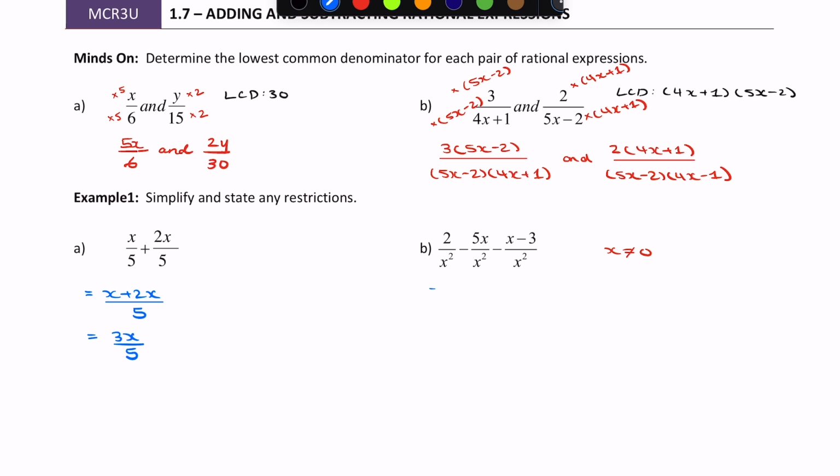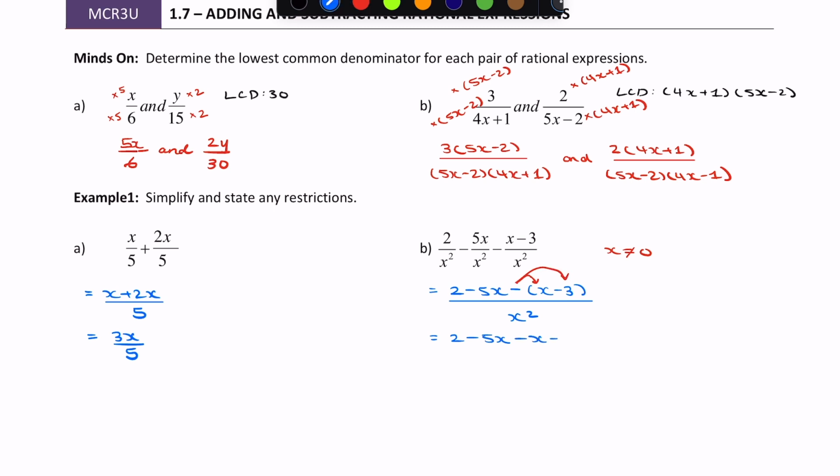So here we can put it all together. So 2 minus 5x minus, and remember, the common mistake here is that we would just write negative x minus 3, but it's negative the entire x minus 3. So we want to make sure to put that in brackets over x squared. So here we would get 2 minus 5x. Now we can distribute the negative into both the x and the negative 3.